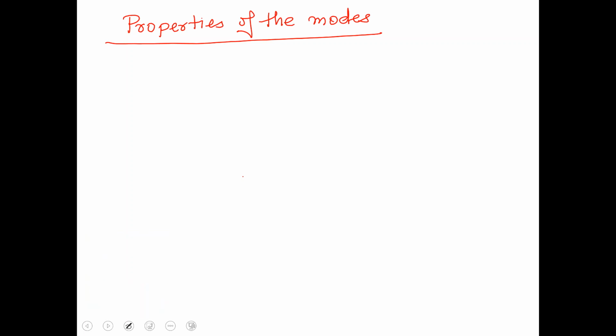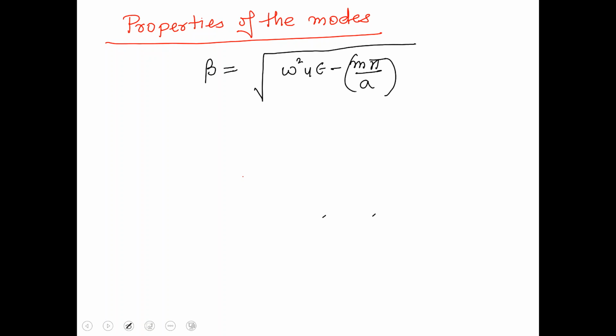Remember the beta we have already seen before. The propagation constant is going to be given by omega square mu epsilon minus m pi by a square minus n pi by b square.